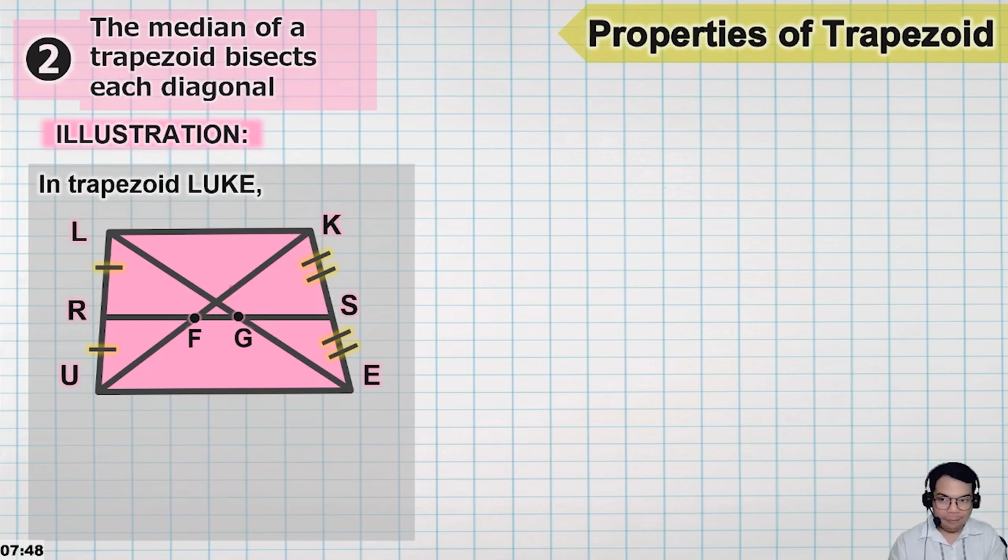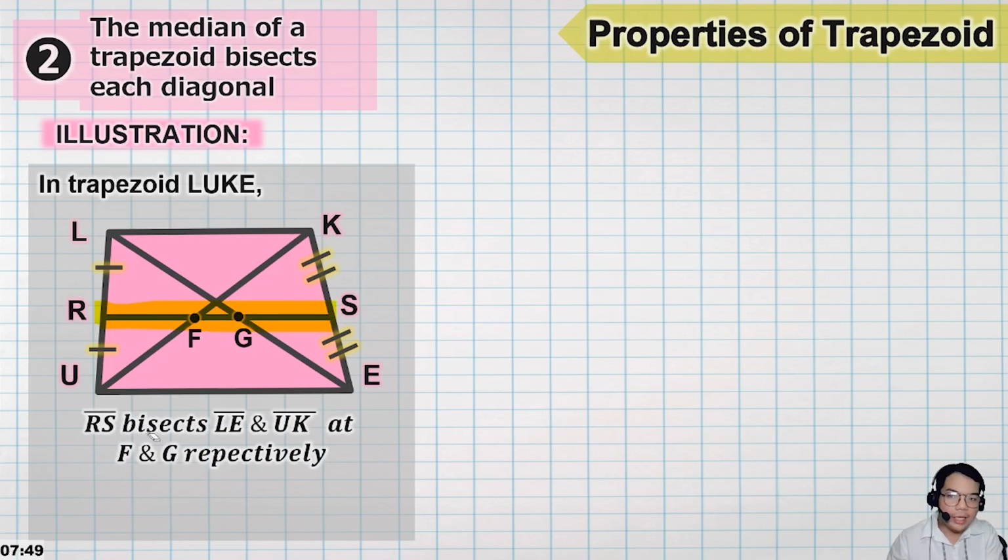So, in this case, for example, we have trapezoid LUKE. Our median RS bisects the two diagonals. In that case, RS bisects our diagonals LE and UK at F and G. These are their points of intersection, F and G. Therefore, line segment LG will be congruent to line segment GE.